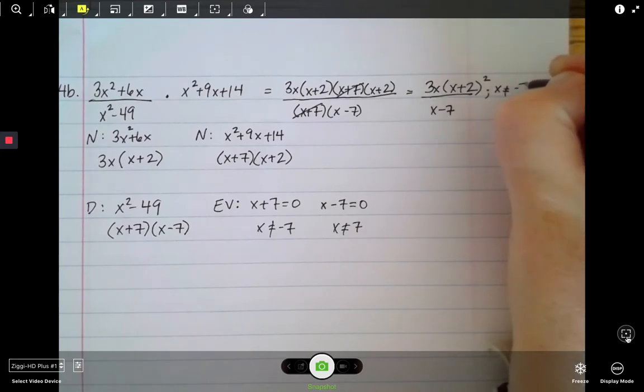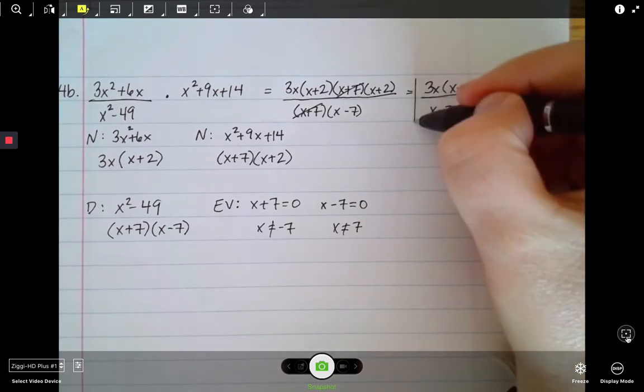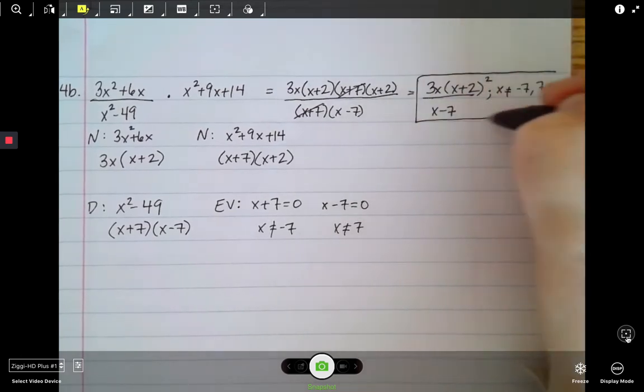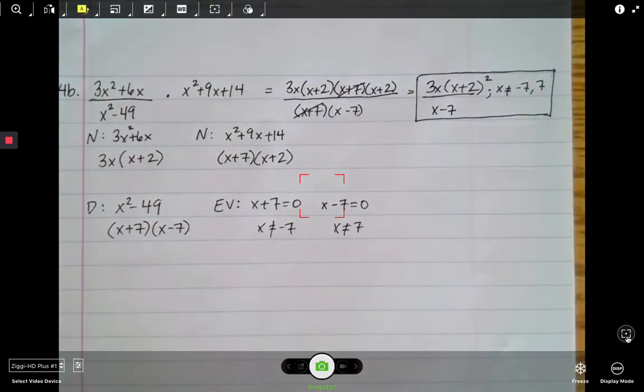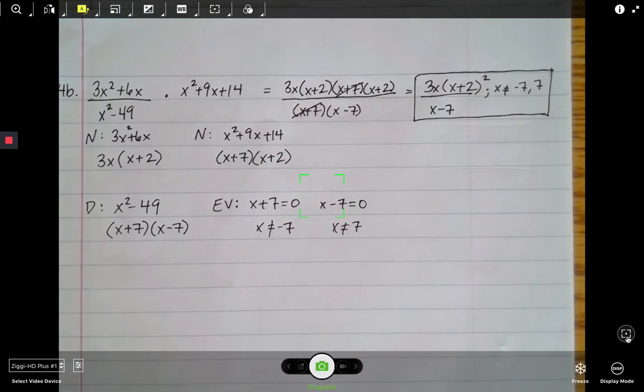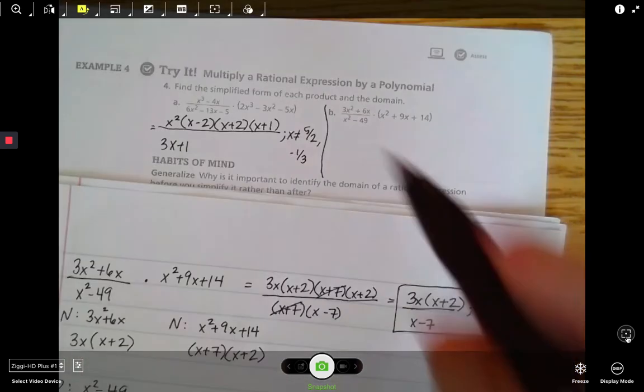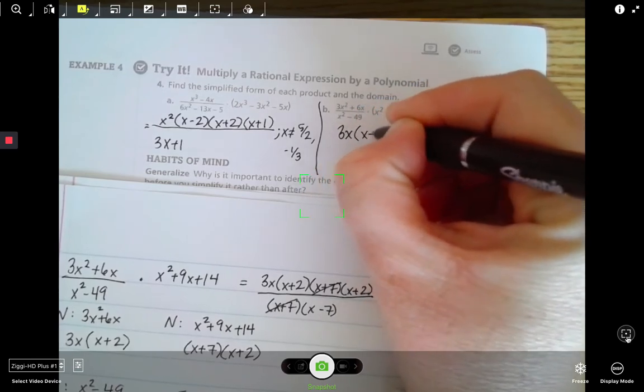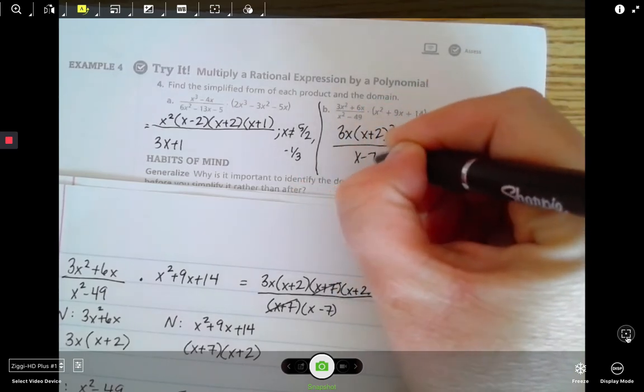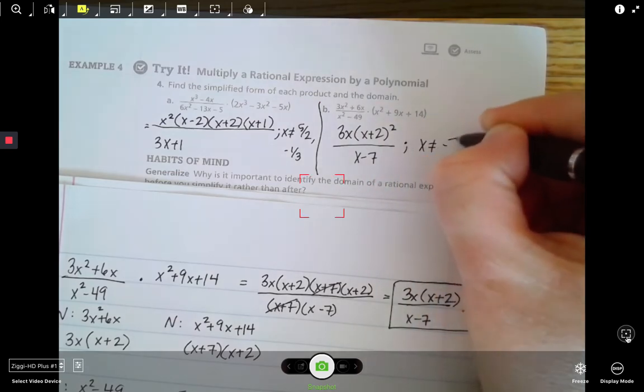X does not equal negative 7 or 7. Alright, so I'll write that answer up here. 3x times x plus 2 squared over x minus 7. X cannot equal negative 7 or 7.